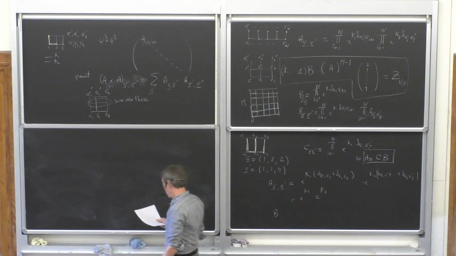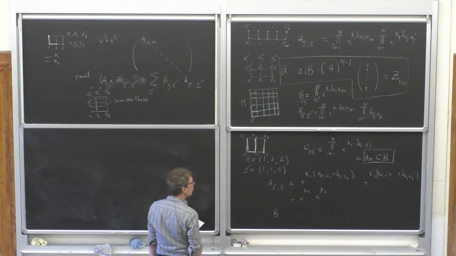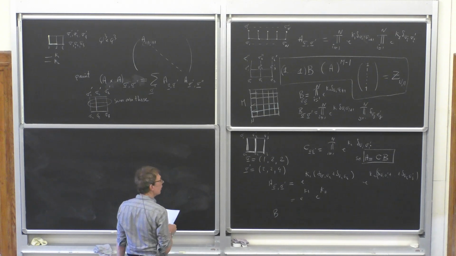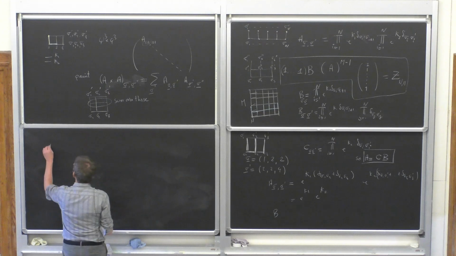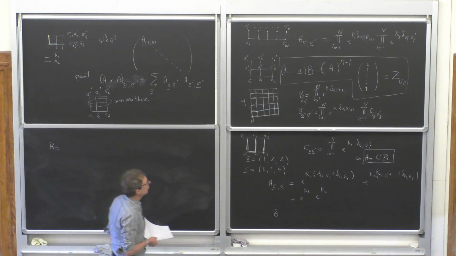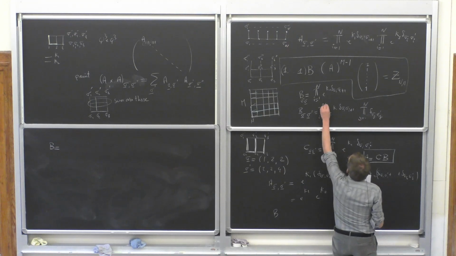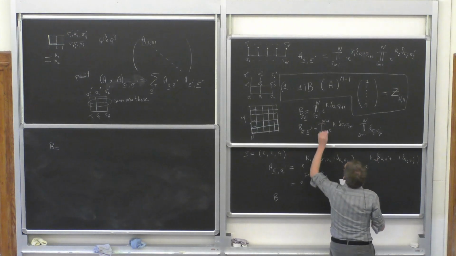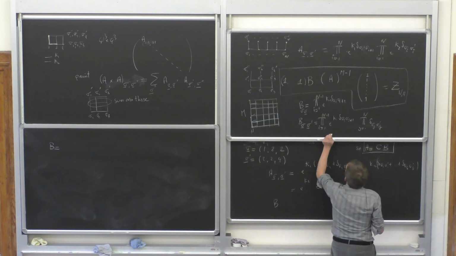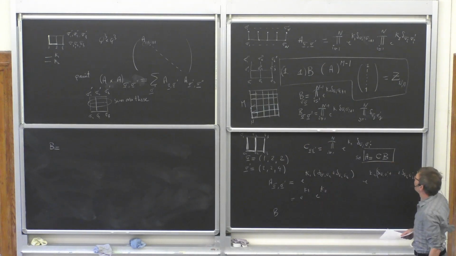All right, very good. Now let's observe that we can write these matrices in a slightly more intelligent way. I should have written 1 to n minus 1 because it's not periodic, it's open. The spins go from 1 to n.